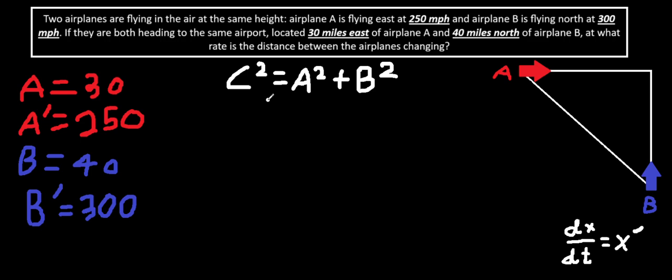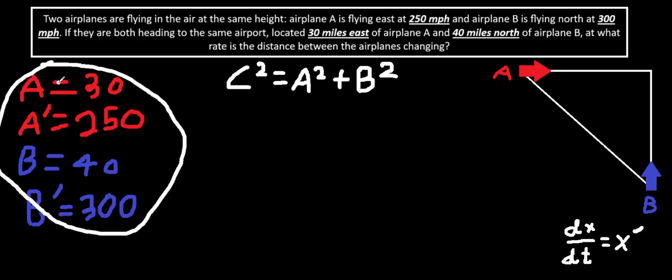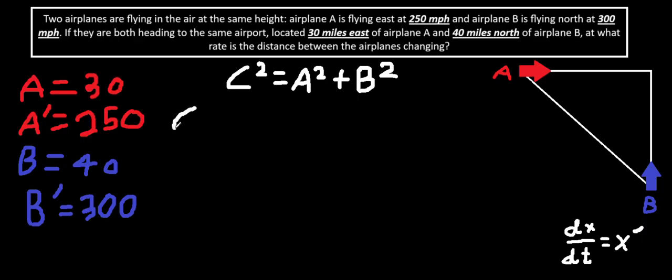What we do now is plug in our known values. So C squared equals 30 squared plus, that's a B, 30.